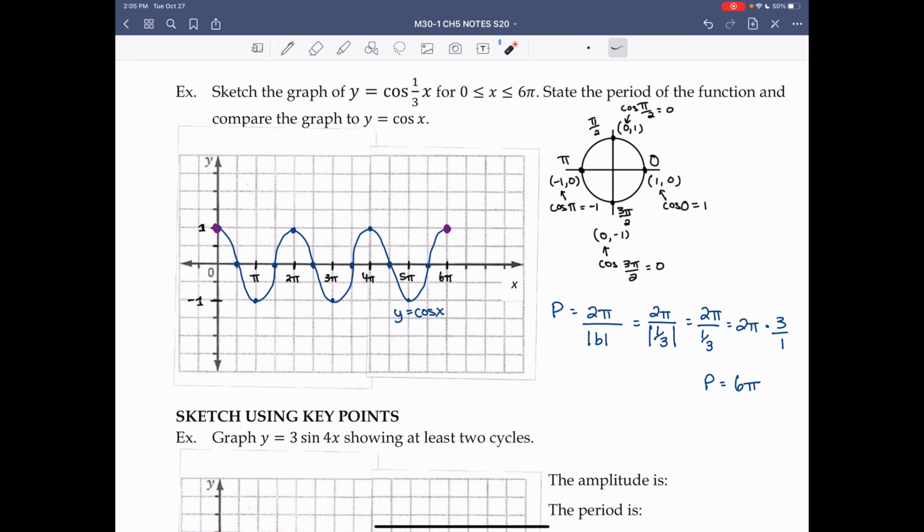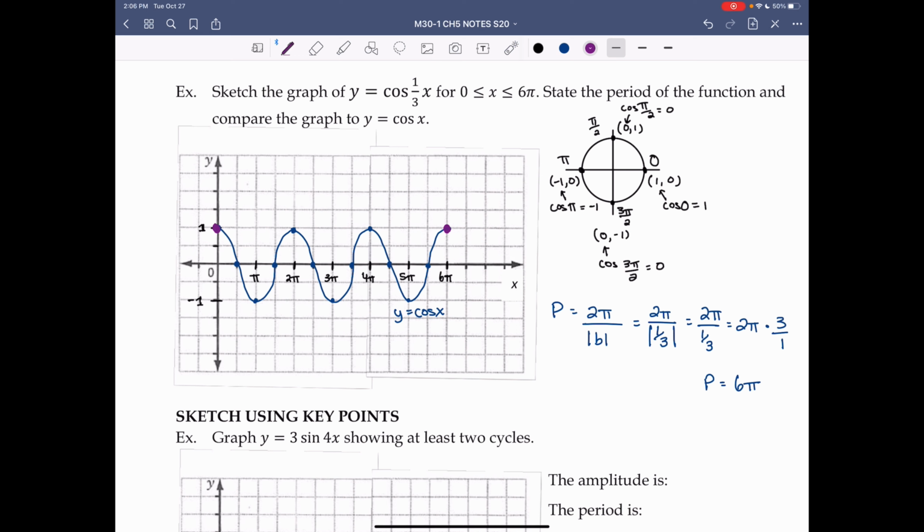So we know that halfway between these 2 points, we need to go down to -1, and then halfway between -1 and +1, we need to get to 0. And halfway between -1 here and +1 here, we need to be at 0. So we can start using patterns to help us graph these sine and cos functions faster.